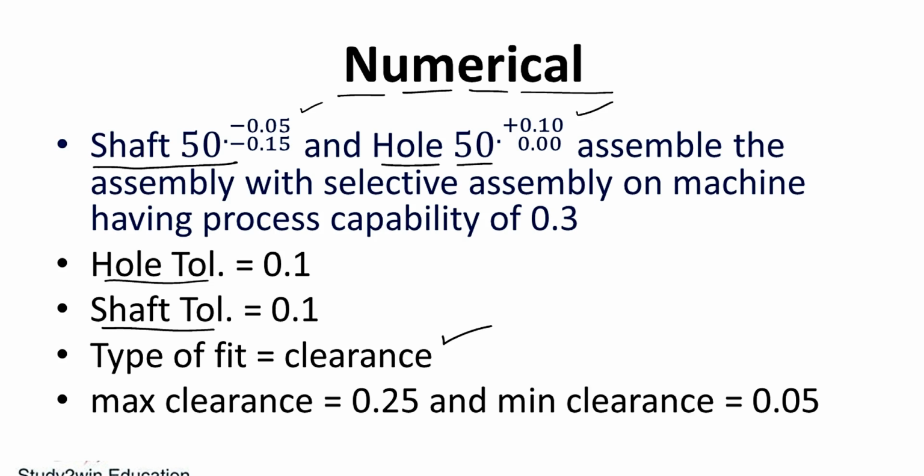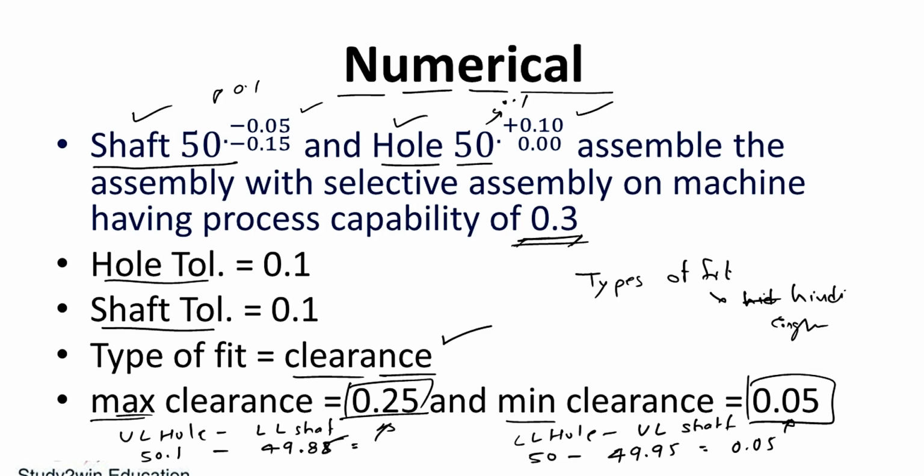If you don't know about the types of fit and how to calculate the maximum and minimum clearance, you can watch my video on types of fit, which is available in both Hindi and English. This video on selective assembly is also available in Hindi, if you prefer that.